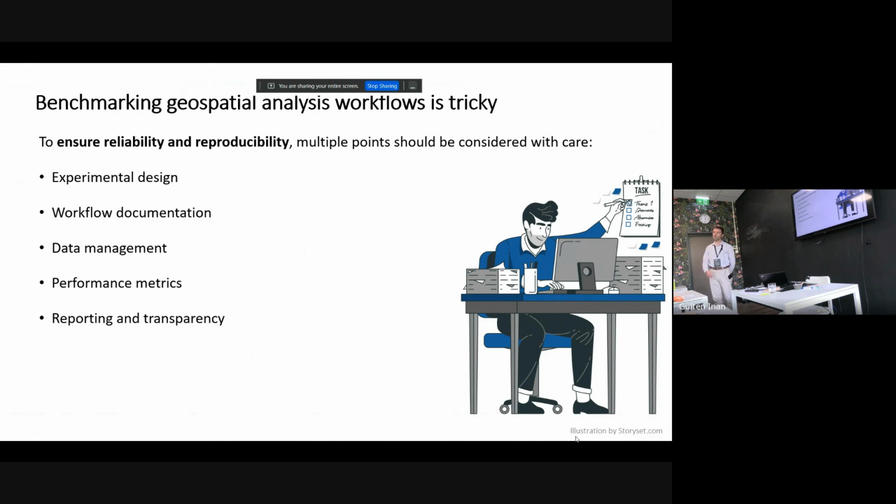In the previous talks, like the talk of Edzar and the talk before, there was a lot of mention about the reproducibility issue, right? In order to make this happen, there are multiple points where we should be careful, which can be divided into 5 categories: experimental design, workflow documentation, data management, performance metrics, reporting, and transparency.